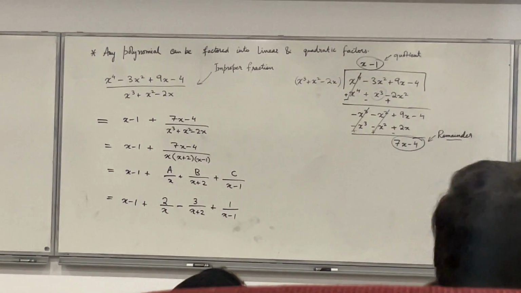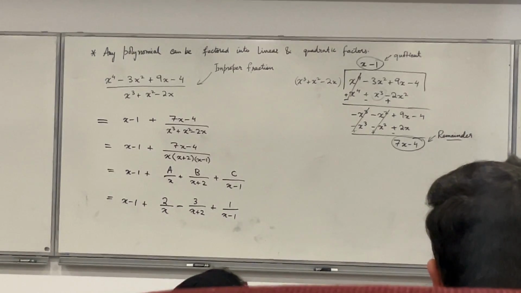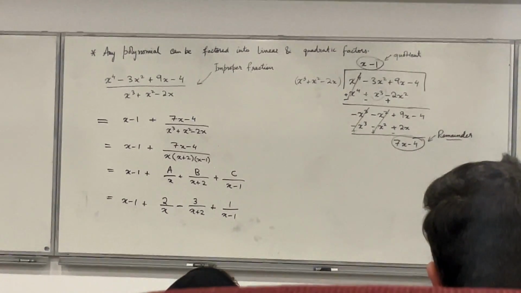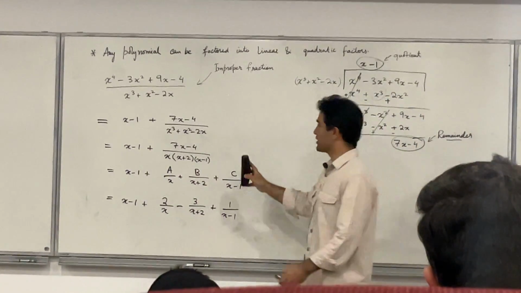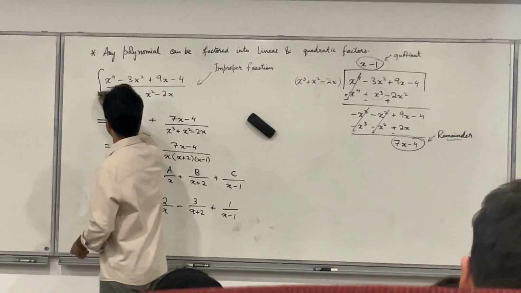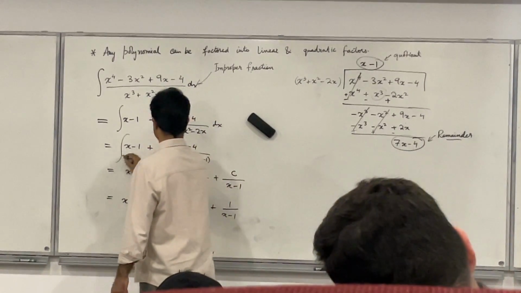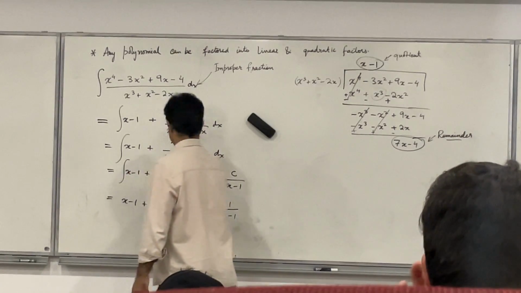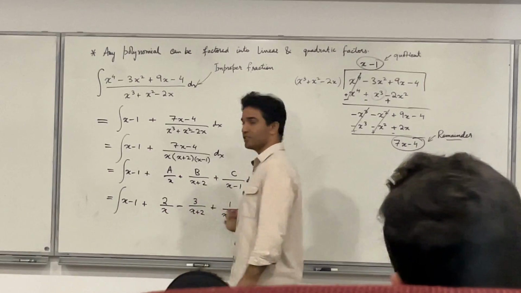So how can this process get complicated? It looks very simple, right? You break it down, you integrate, whatever. The integral part, you do it in your head. If I had to integrate this, that's the same as integrating this, that's the same as integrating this. And this is easy to integrate.